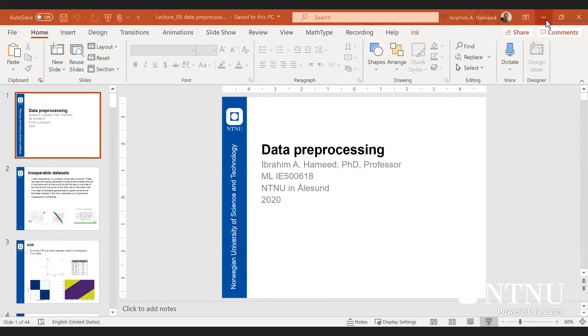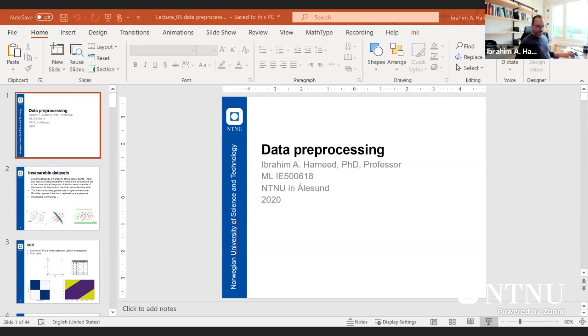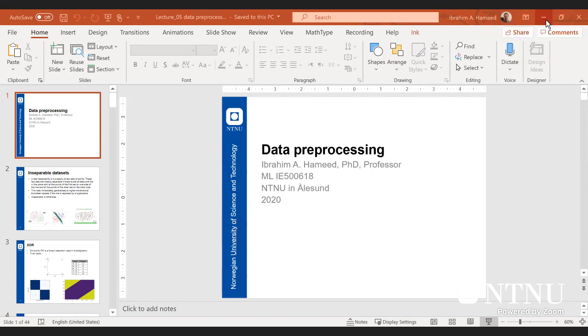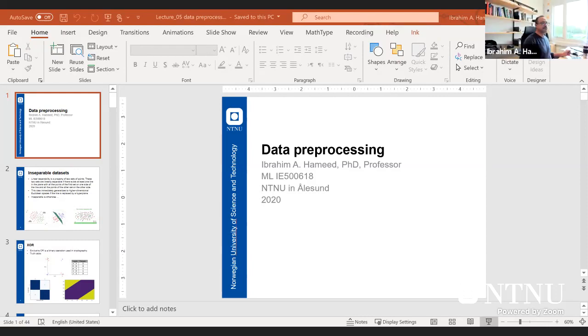You're only sharing the PowerPoint, though. Yes, sharing PowerPoint, only the PowerPoint. Can you see my PowerPoint with my annotation? No annotation, no. Okay. So maybe I can just close. You cannot see my PowerPoint?